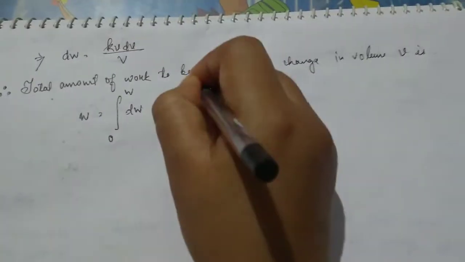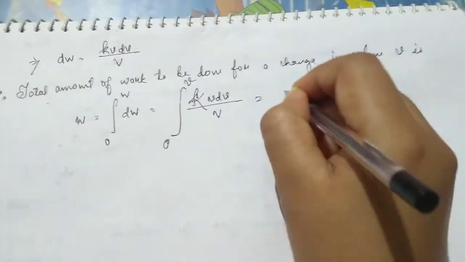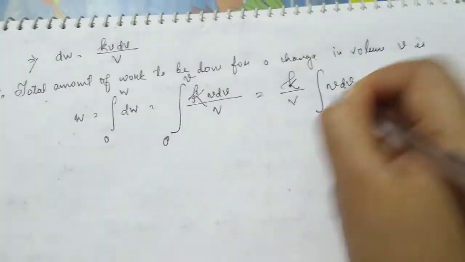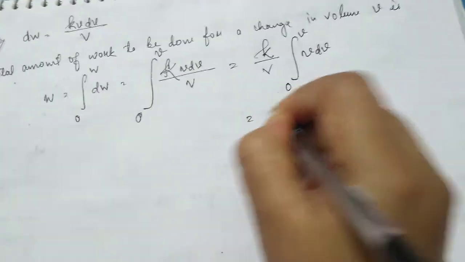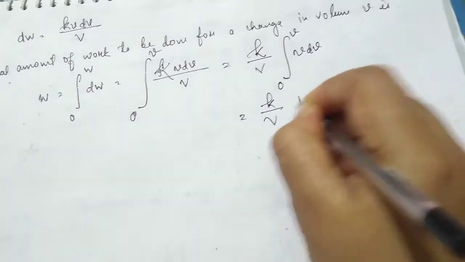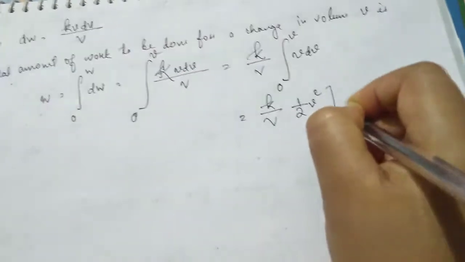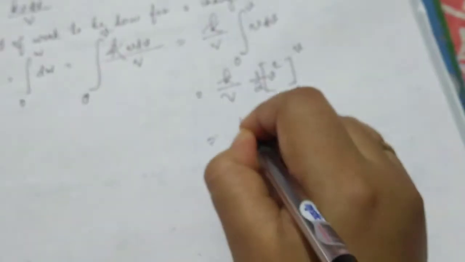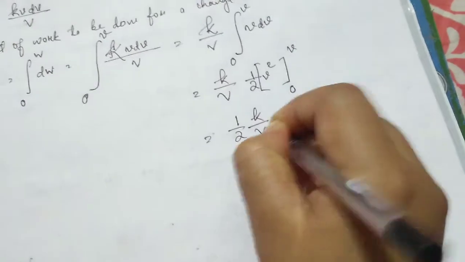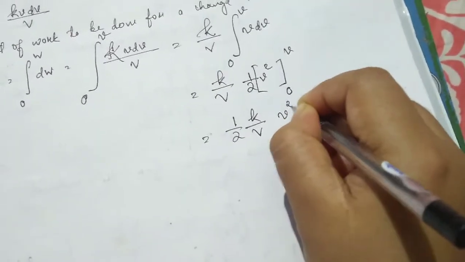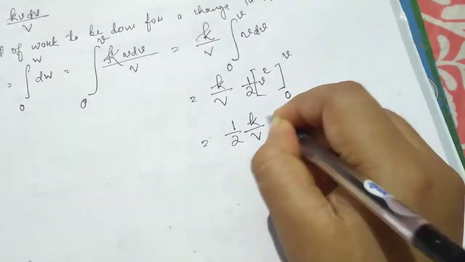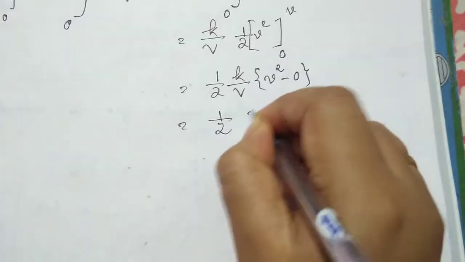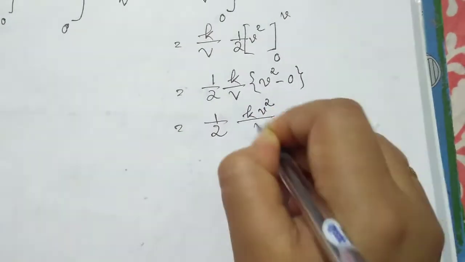The minimum value is 0 and the maximum value is small v. Taking kappa and V outside, the integral of v dv from 0 to v is half v squared. So it is half kappa v squared by V.